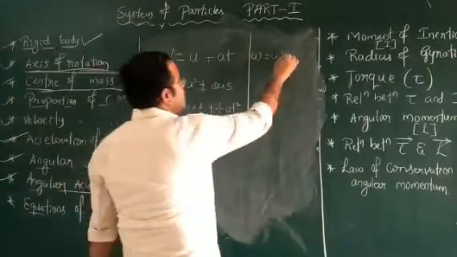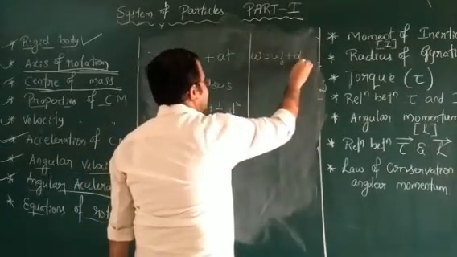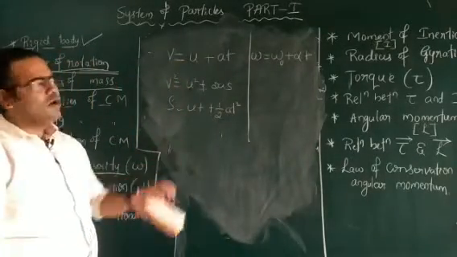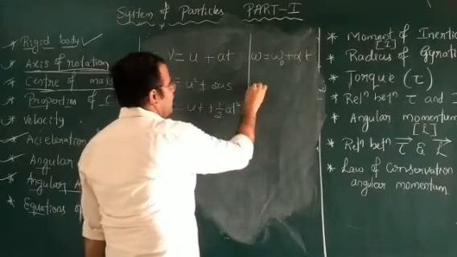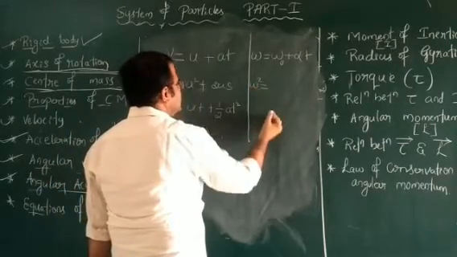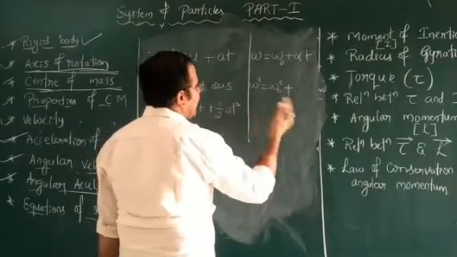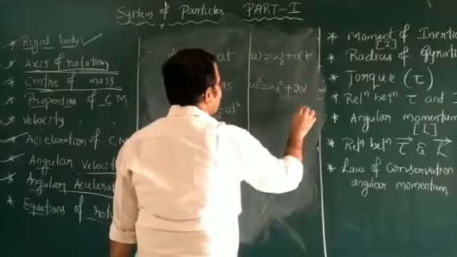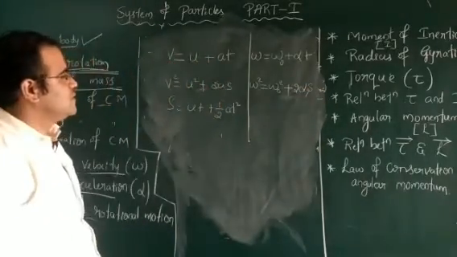And acceleration is replaced by angular acceleration. So we can write omega is equal to omega naught plus alpha t. Similarly omega square is equal to omega naught square plus 2 alpha into theta, the angular distance in place of s. So this is the second equation.